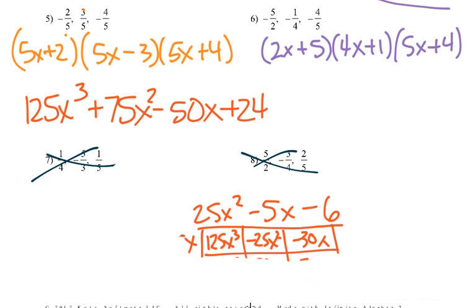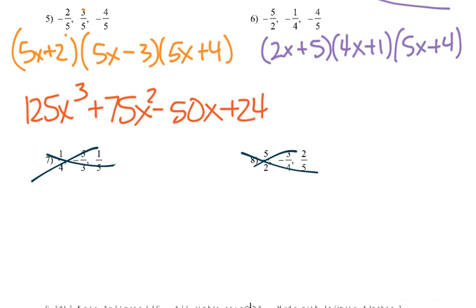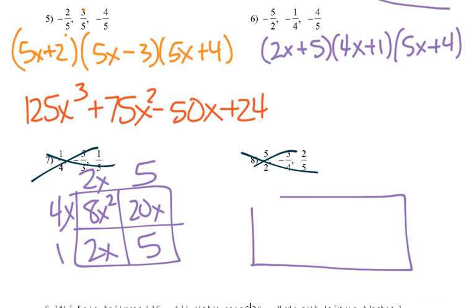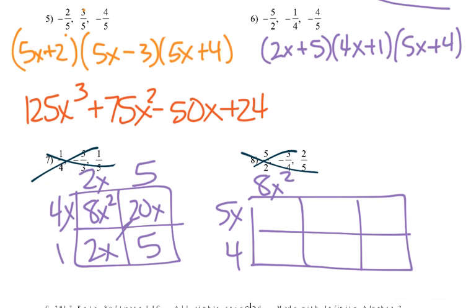Okay, now for number 6, I'm going to multiply it out as well. First off, I've got the 2x and the 5, 4x and the 1. So 2x and 5, 8x squared, and 20x. So then we've got the 5x and the 4, and that'll be 8x squared. 20 plus 2 would be 22x, and then 5.